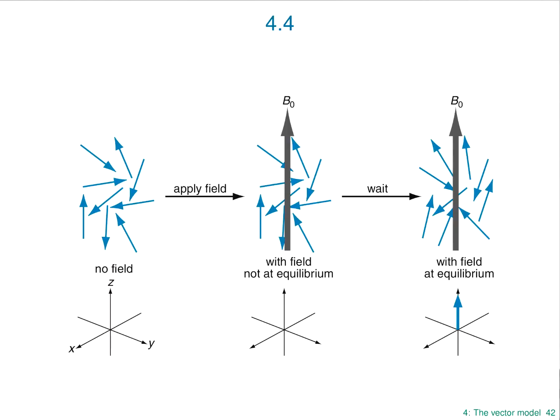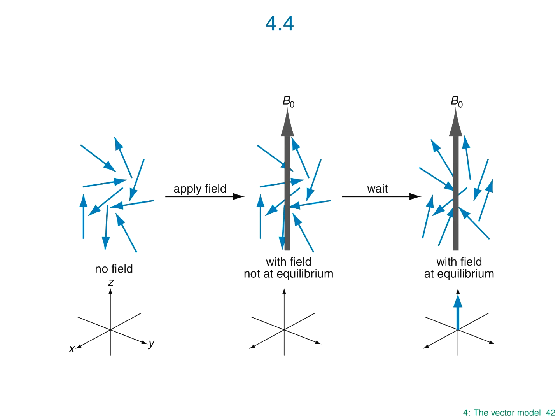They barely change at all in their distribution, but there's a very slight preference for them to be aligned in the plus Z direction over the minus Z direction. This gives rise to a bulk magnetization, a property of the whole sample, indicated by the blue vector at the bottom, aligned along the plus Z axis.